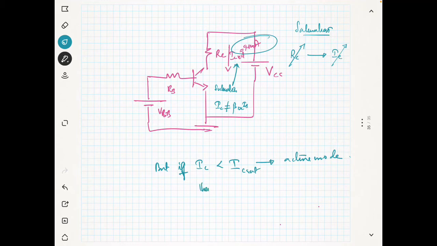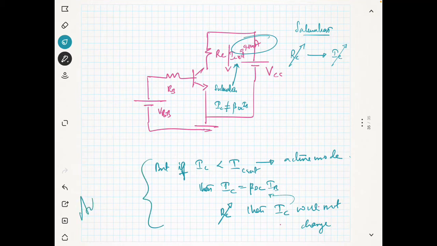So if IC is less than IC sat, the transistor will be in active mode, and you can calculate IC as beta DC times IB. In that case, if you change RC, IC will not change, because IC depends only on beta DC times IB. So this is the situation in active mode. You should be very careful about this. I hope this problem is very clear to you.